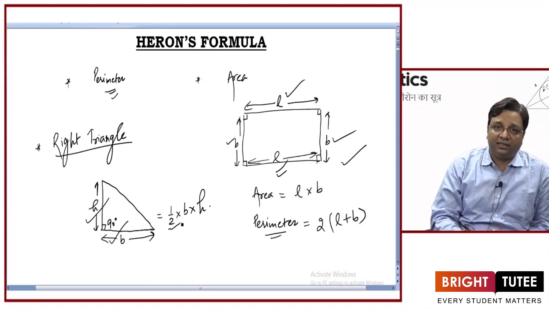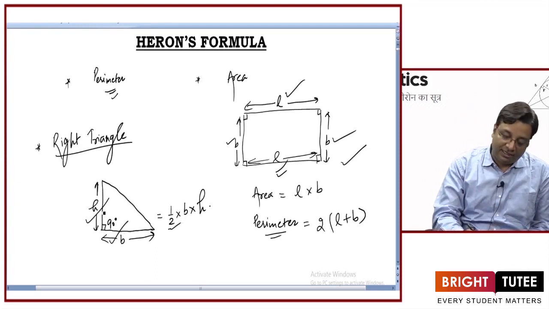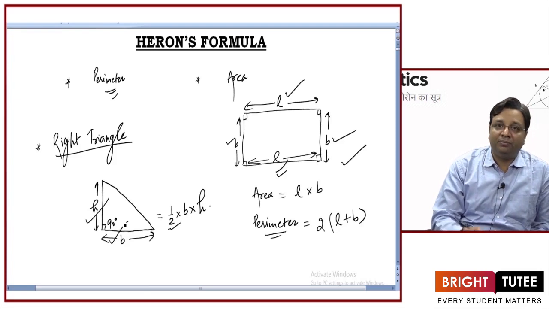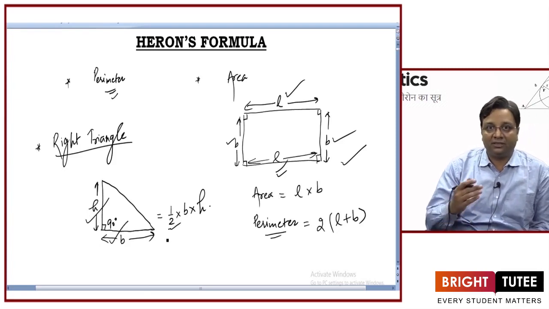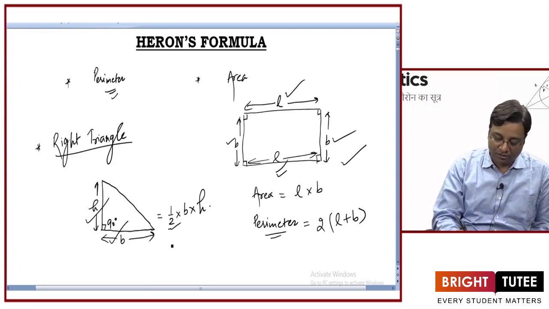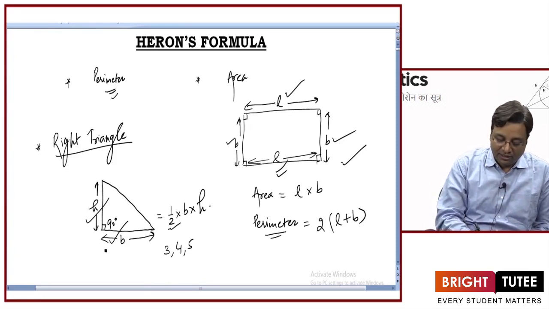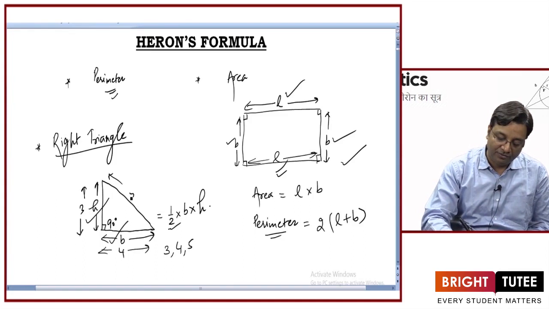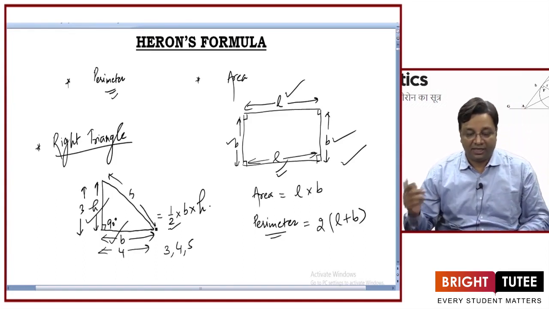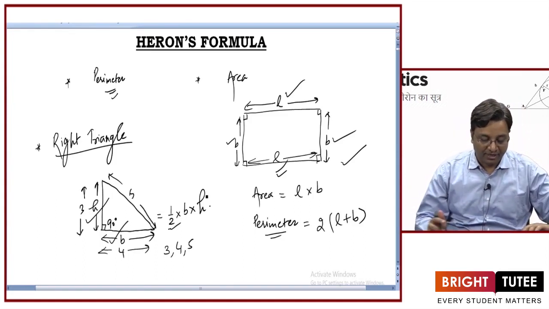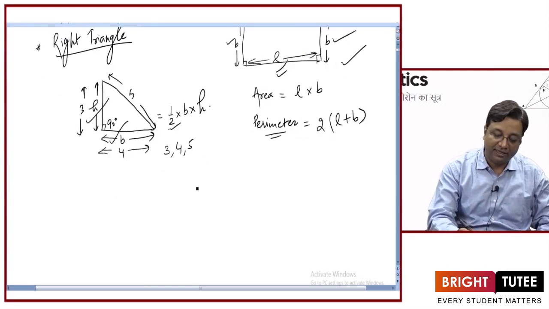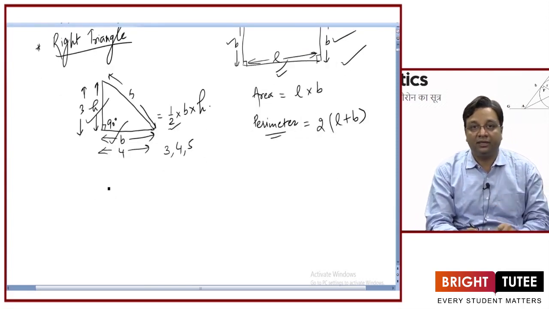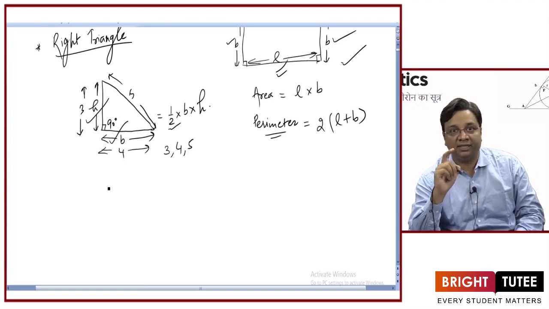In right triangles you need to keep in mind that the sides can be Pythagorean triplets. We have discussed this in previous lectures also, that let us say you have got 3, 4 and 5. If I consider that this is 4, this is 3, then this side will automatically be 5. Why? Because I will use Pythagoras theorem: hypotenuse square is equal to base square plus perpendicular square.